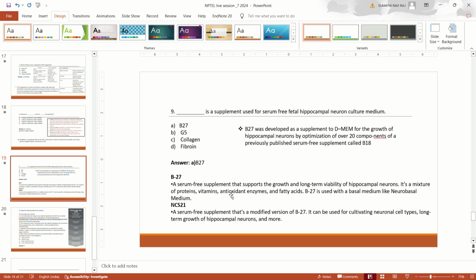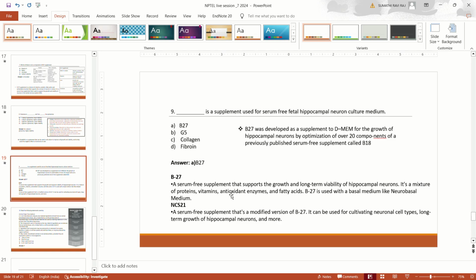So this is a more advanced and better version of B18. B27 is a serum-free supplement that supports the growth and long-term viability of hippocampal neurons.